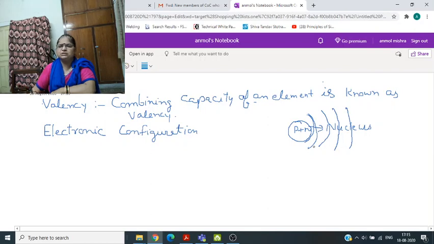Now the first shell is named as K shell, second shell is named as L shell, third is known as M shell, and fourth is known as N.